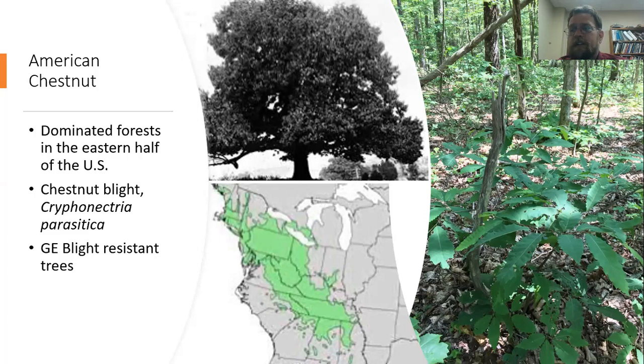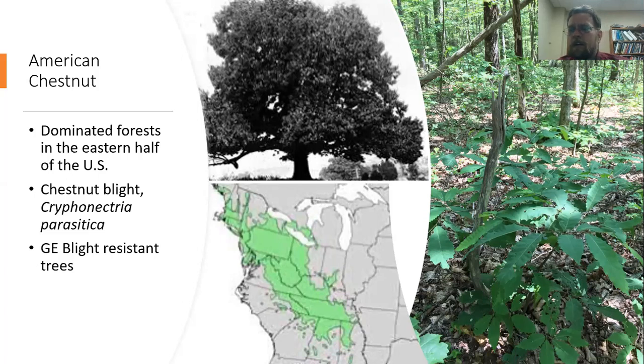In the very recent past, there has been developed an American chestnut that is genetically engineered to have a trait from wheat that provides it resistance to that pathogen. Essentially, it's an American chestnut with that gene inserted.